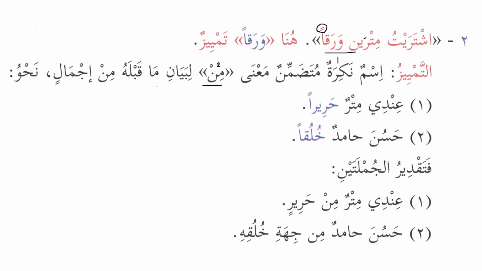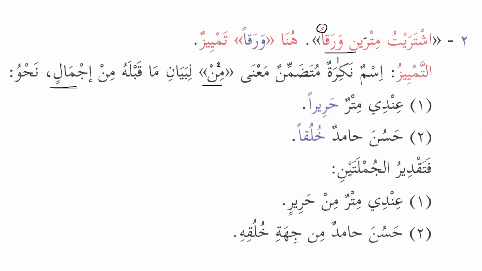Libyani ma qablahu, to describe what comes before it, min ijmalin, in a brief manner, I should say. So anything that comes before it, it is used to summarize it, or to give a brief meaning about it, so that the ambiguity that we have becomes clear.